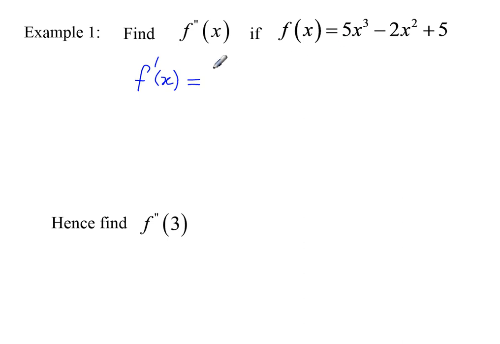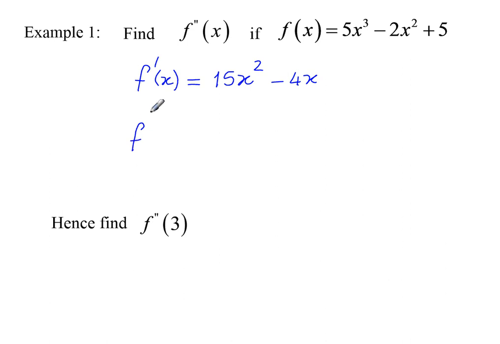The derivative of 5x cubed is 15x squared. The derivative of negative 2x squared is negative 4x. And the derivative of 5 is 0. So f dash of x is 15x squared minus 4x.